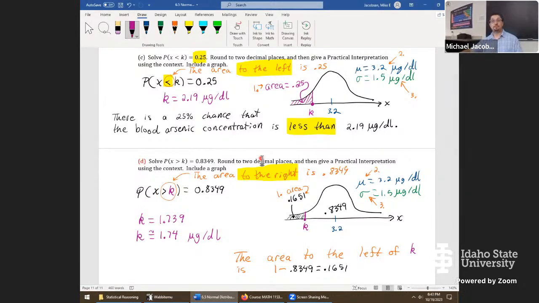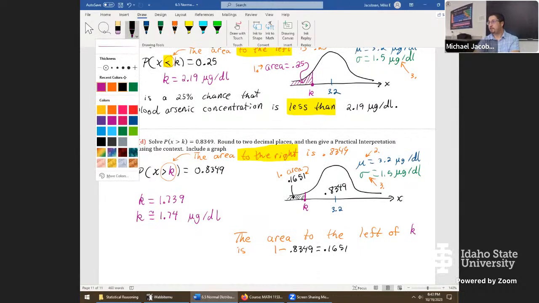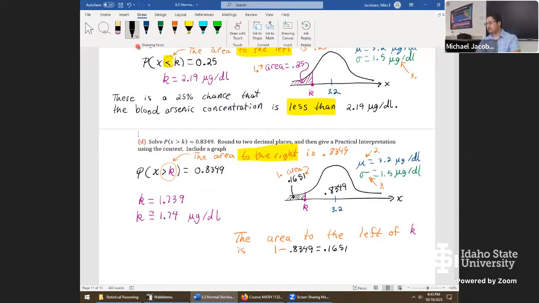Okay, we still have a practical interpretation to go, so let's put that down on paper. Now, I've been doing these in a certain style that always works. It becomes a process. If you want to get a little fancy on these, you could change it up. Let me show you what I mean by that. On part D, a bona fide practical interpretation could go like this.